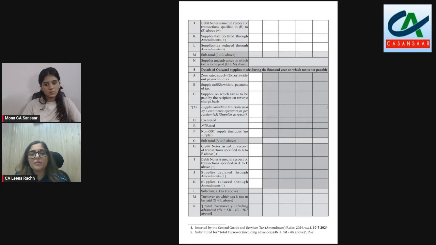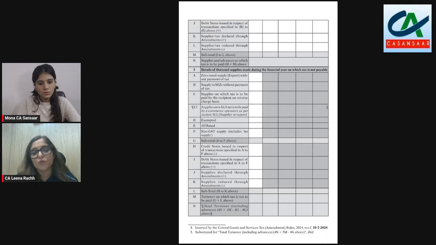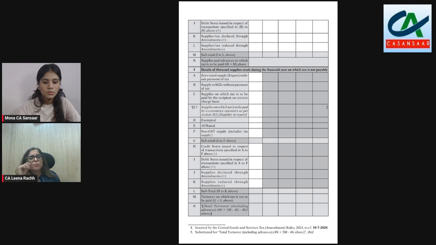Now, some changes have also been brought about in table 8. Table 8 relates again to ITC, other ITC related information, in which a new table 8H1 has been introduced. If I just read the heading of 8H1, it says IGST credit availed on import of goods in next financial year. So what happens when you import goods, you pay IGST, you are claiming ITC.